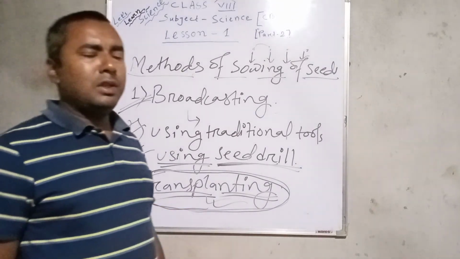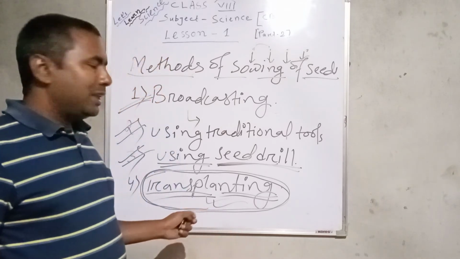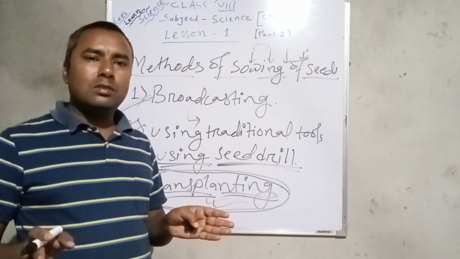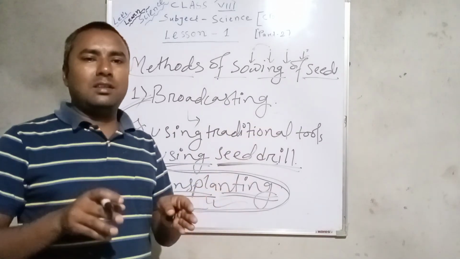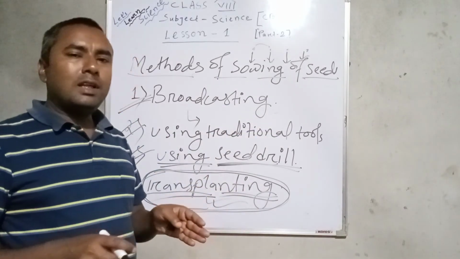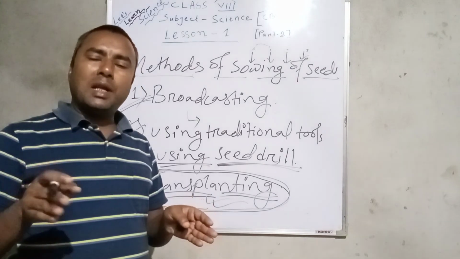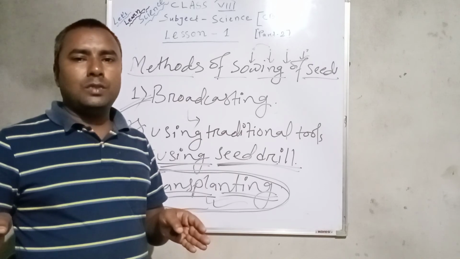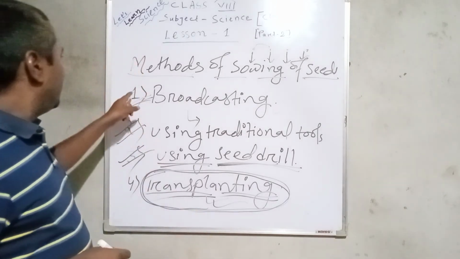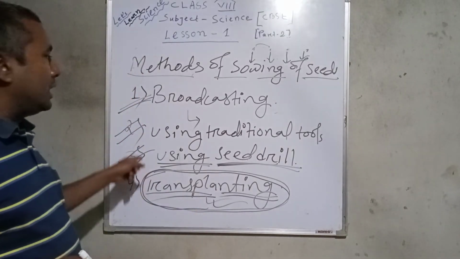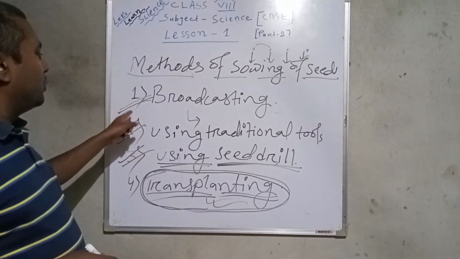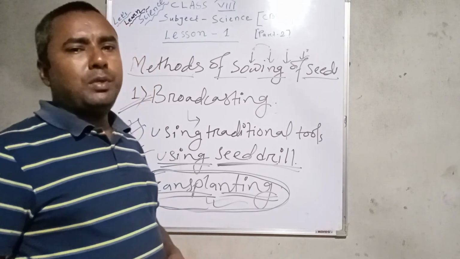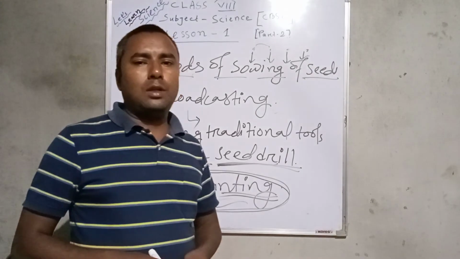In this method, as I have already told you, first of all, the seeds are sown in the nursery, and after that, they are directly planted into the agricultural field. Understood? So these are the 4 methods that are associated with sowing of seeds in the prepared soil.